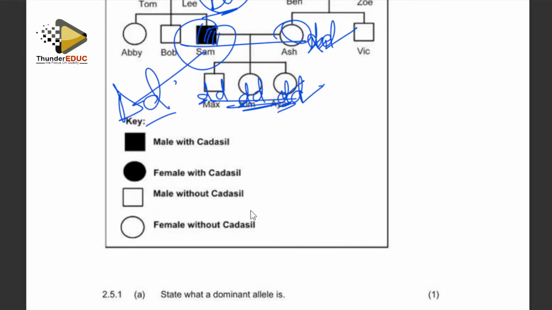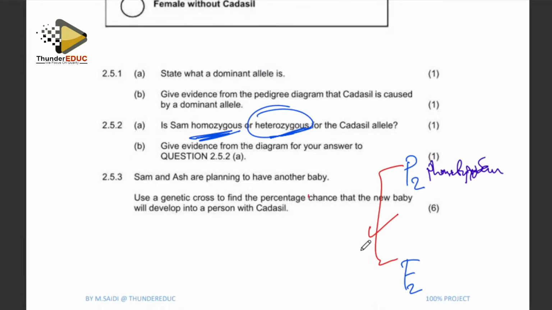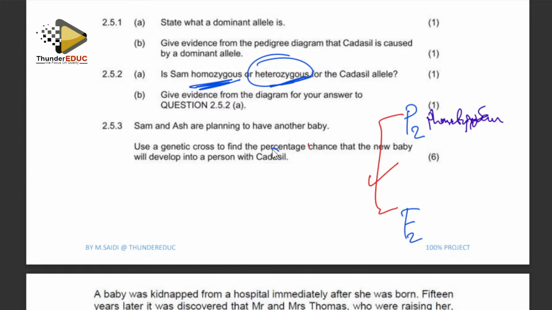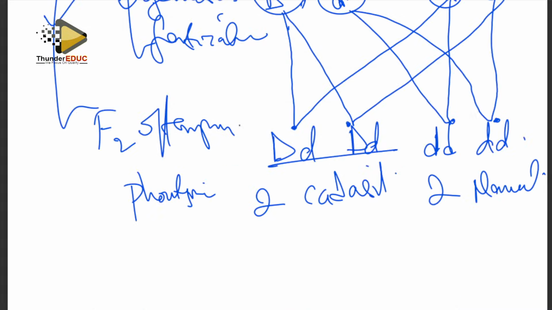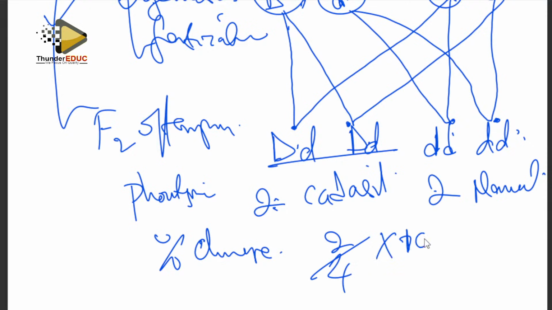The question asked for the percentage chance of having the condition. So it is 2 out of the total, which is 4, out of 4 times 100, which gives me a 50% chance of having that condition.